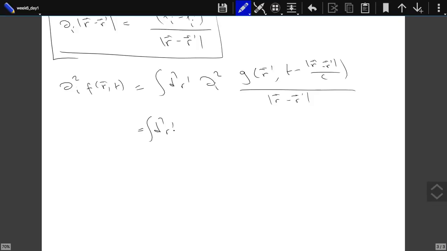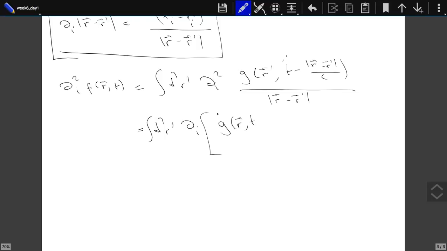This is equal to the integral d cubed r prime. I'm taking the derivative with respect to xi once. The second derivative remains. Well, the derivative of g with respect to r is just the derivative with respect to the second argument of g, which I denote with the dot notation.